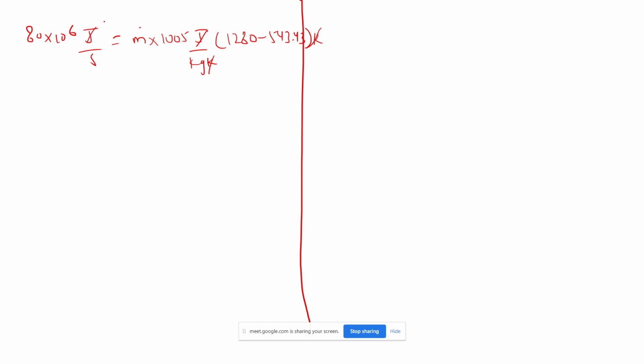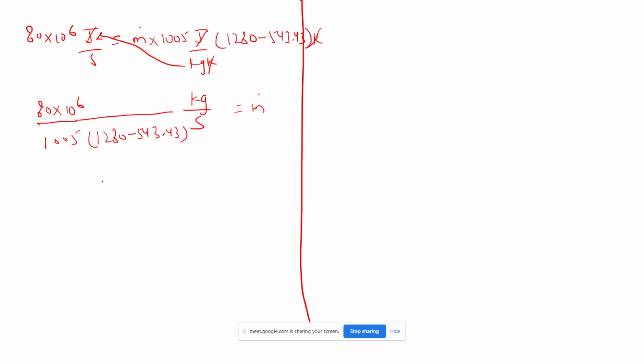So what have they asked in the question? They have asked mass flow rate in kg per second. So when we rearrange this, 80 into 10 to power 6, kg will come here by cross multiplication. So the final unit will be kg per second, is equals to m dot, divided by 1005 divided by 1280 minus 543.43.